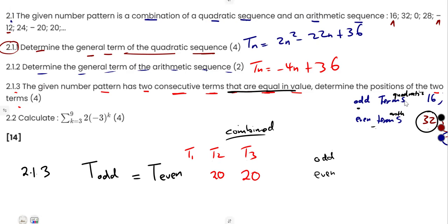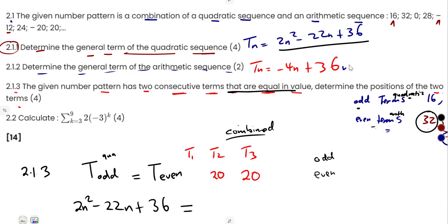Remember, odd terms are those ones forming a quadratic, which is this one. So the Tn there, 2n squared minus 22n plus 36, must be exactly equal to that one for the even terms, which is the arithmetic, the one that we got as negative 4n plus 36. This is what you're saying.